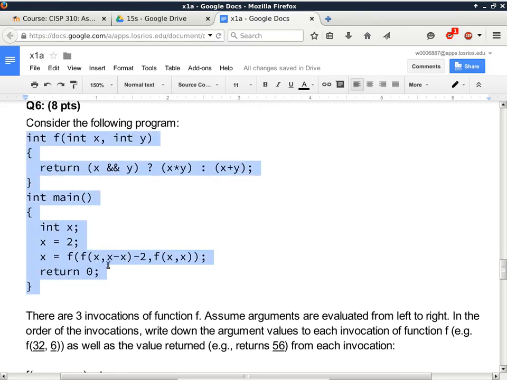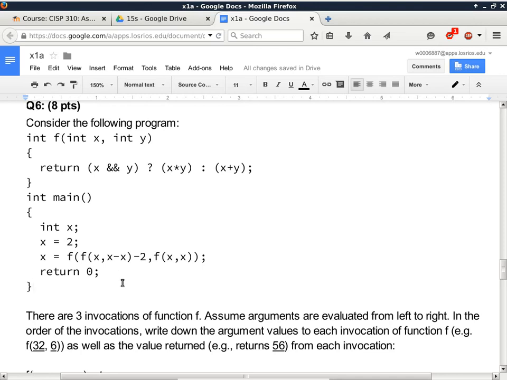This is an entire program, and I already identified there are 3 invocations of f, because this is one, this is another one, and this is another one. But the invocation has to occur in this particular order because you have to evaluate from left to right when you evaluate arguments in the function call.